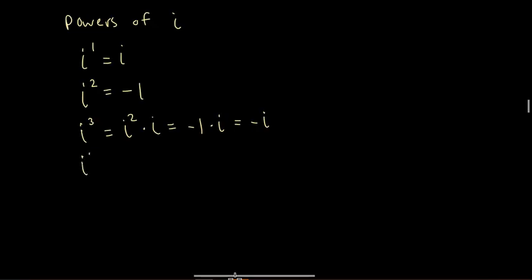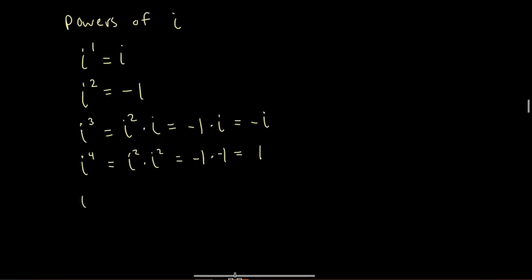Then we have a pattern forming here. i to the fourth power is i squared times i squared. And i squared is negative 1, and negative 1 times negative 1 is positive 1.